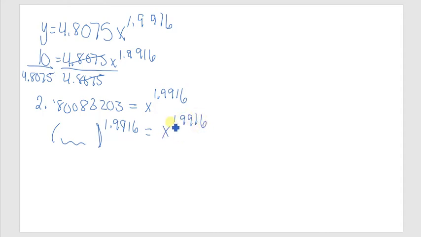So all I do is pick up my calculator. I start with 2 to the 1.9916, and that gave me 3.9, too big. I'm going to do 1.5 to the exponent 1.9916.